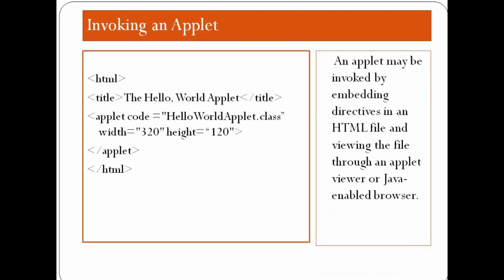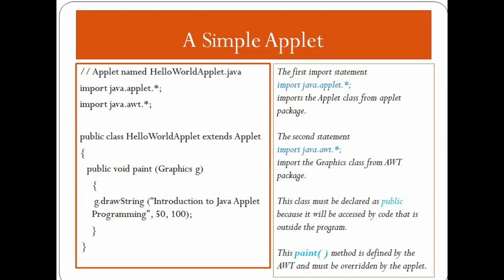Now this is the HTML program from which we will invoke the applet. You can see here the applet tag is there. In the applet tag we are passing the class file. In the previous slide the name of the program is HelloWorldApplet, where we are printing a string which is Introduction to Java applet programming.